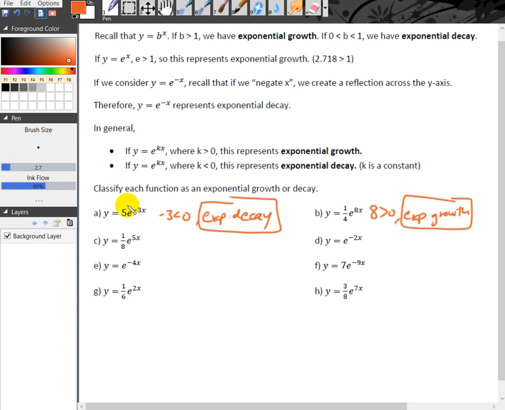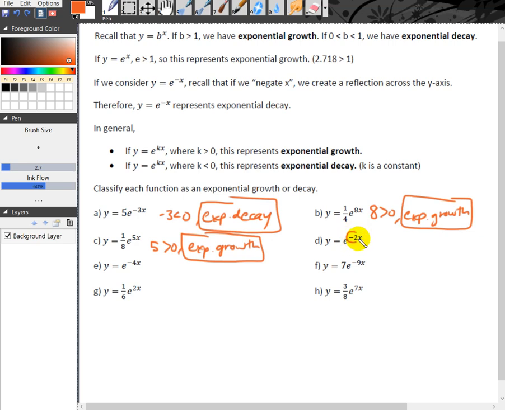Come down to this one, 5 is greater than 0, so that's going to represent exponential growth. Again, like I mentioned before, the number in front here only says that it's being vertically compressed or stretched a certain way. It's not going to have an impact on the growth or decay.